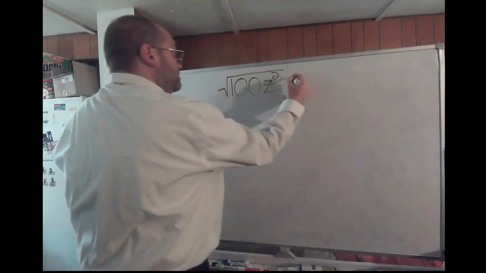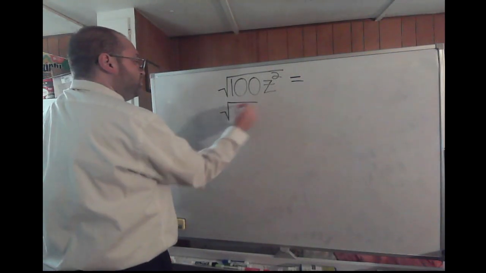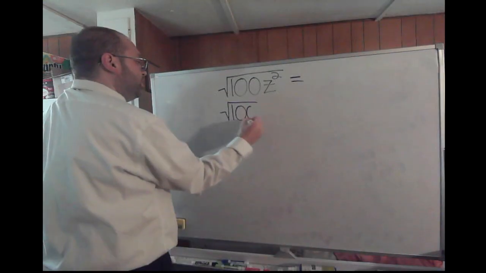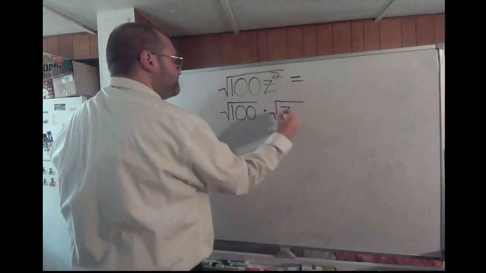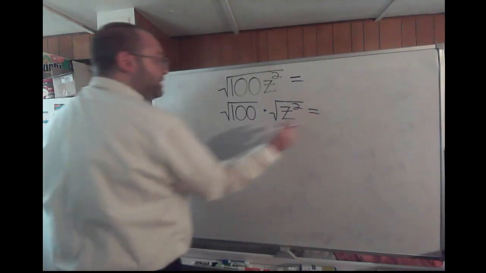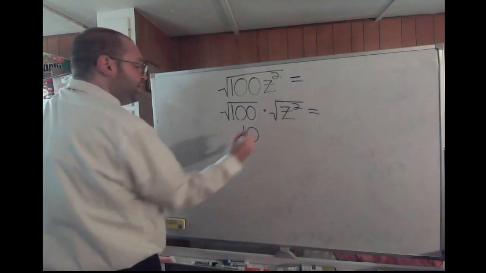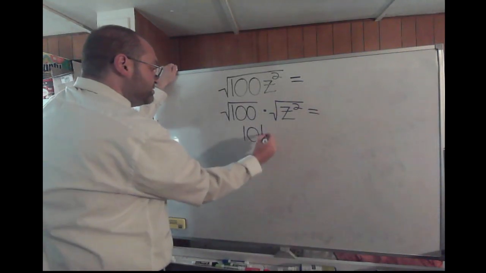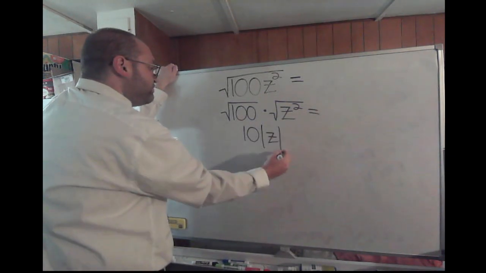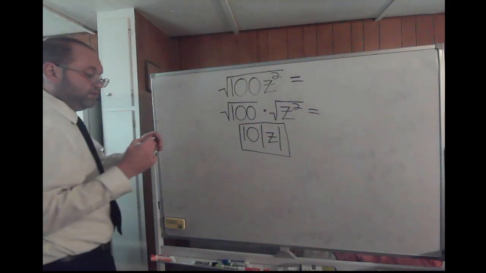Well, we can start by separating the 100 and the z squared, so we'll have the square root of 100 times the square root of z squared. Well, we know the square root of 100 is definitely 10. You'll get 10 for that part. But the square root of z squared, that's going to be another absolute value of z. So the real answer you're going to get is 10 times the absolute value of z.